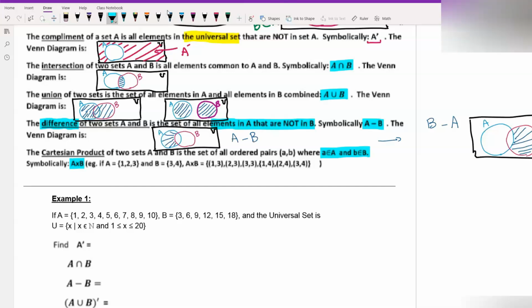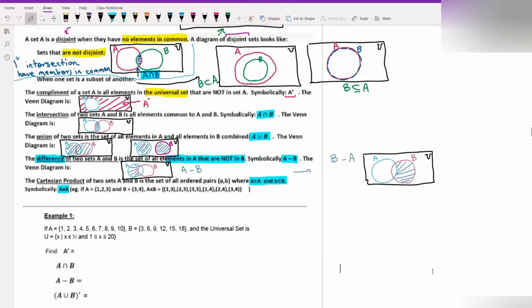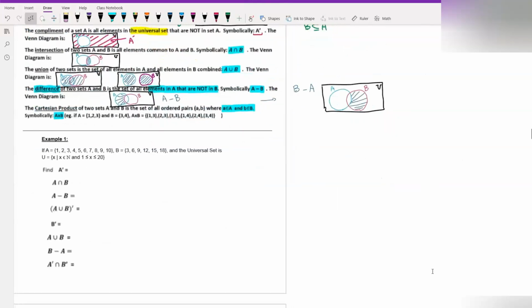So in this part, what is given, A is {1, 2, 3}, and B is {3, 4}. Finding the Cartesian product is, this is the answer, but I'm going to explain how we got that one. Yeah, I'll write that one here. We already have the answer, but I'm going to write it.